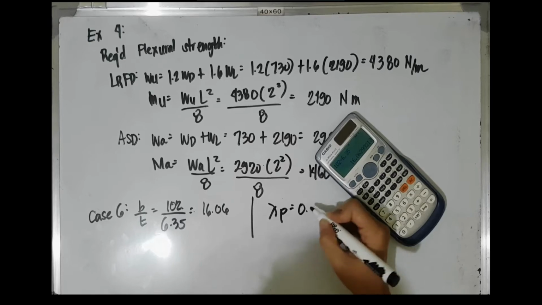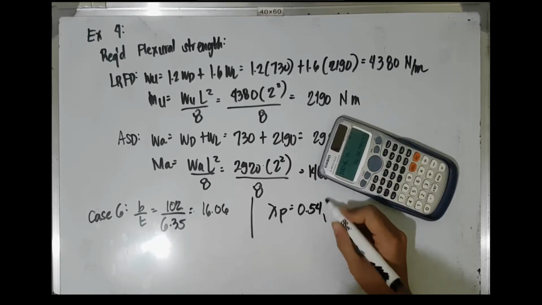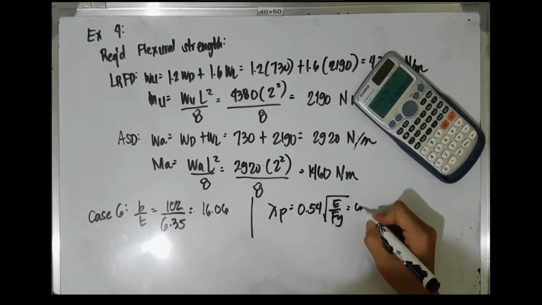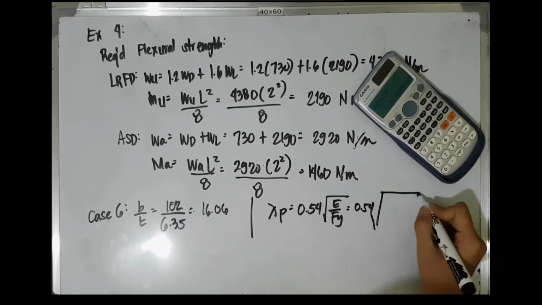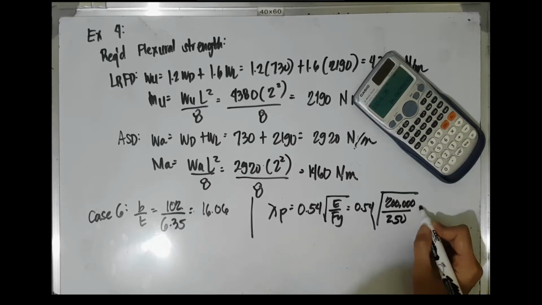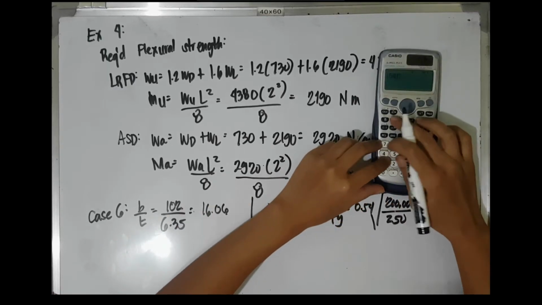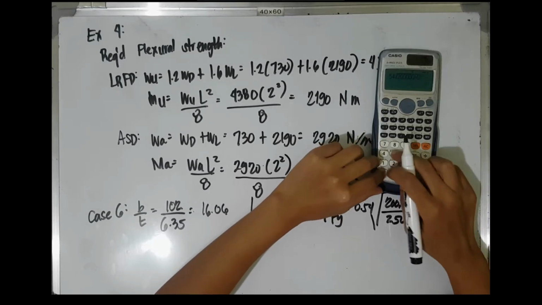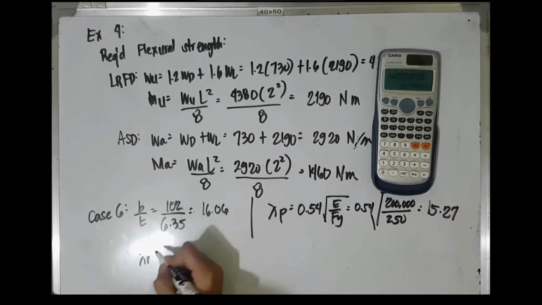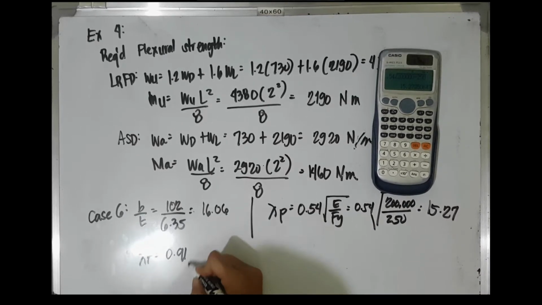and our lambda p would be equal to 0.54 square root of E divided by Fy. So our lambda p is equal to 15.27, and for our lambda r is equal to 0.91 square root of E all over Fy.